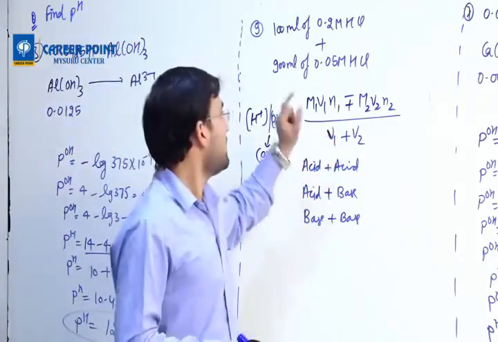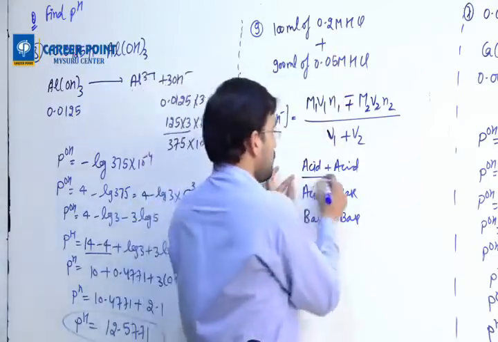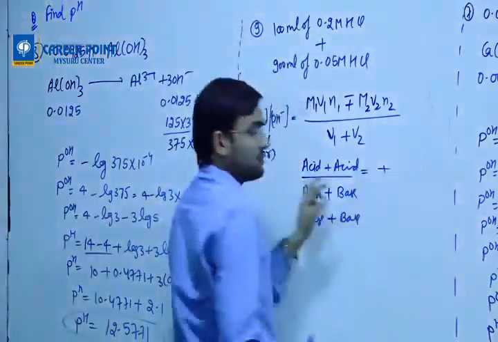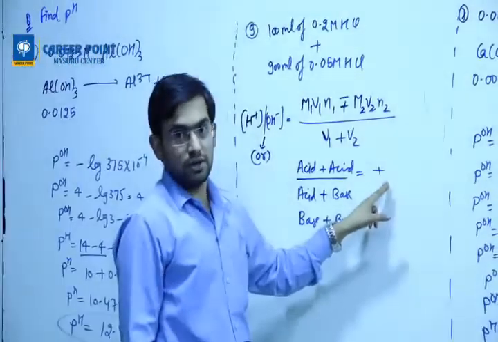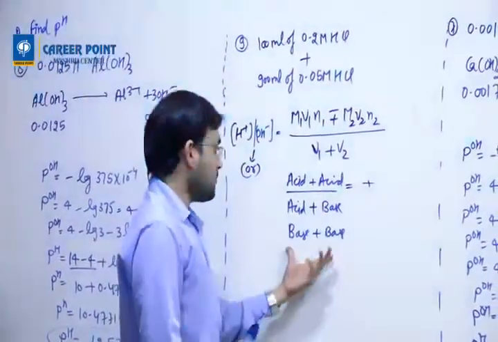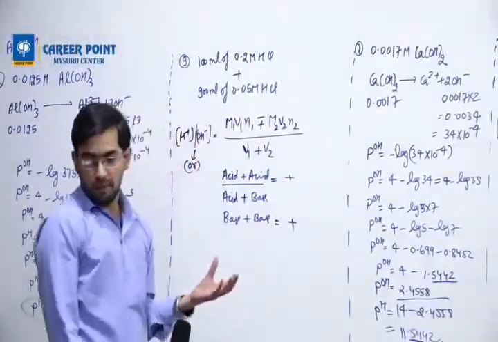The formula will decide. If you are mixing acid and acid, then you will use the plus sign. If you are mixing base and base, you will also again use the plus sign.